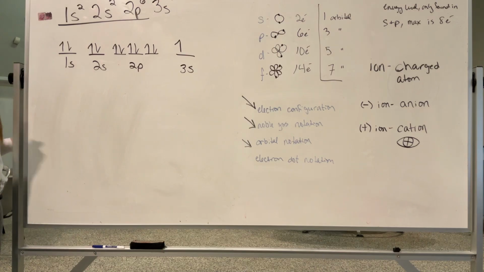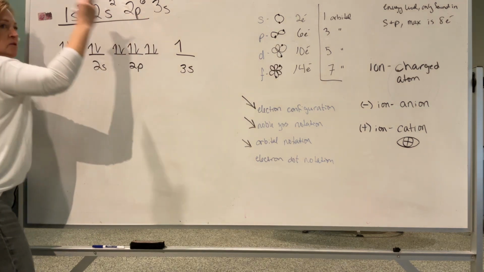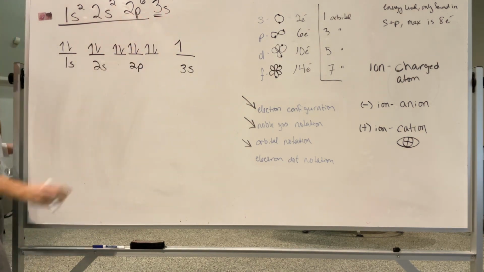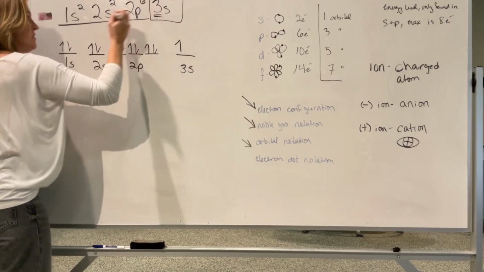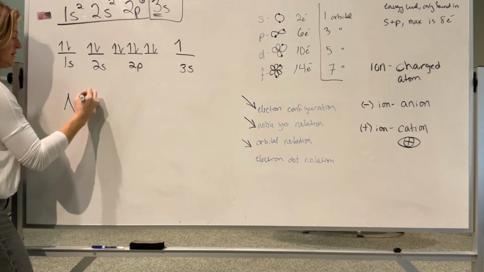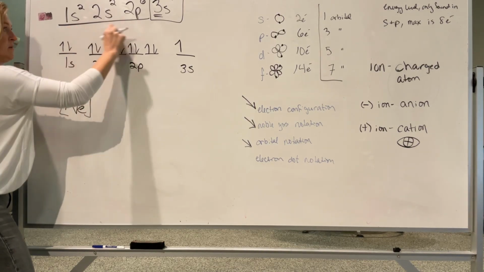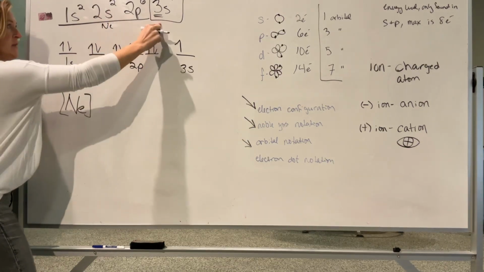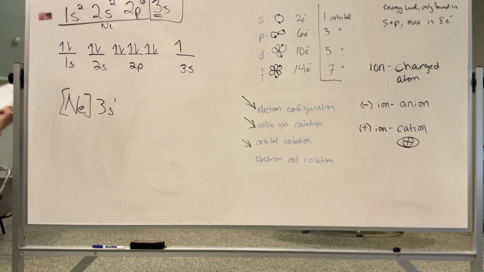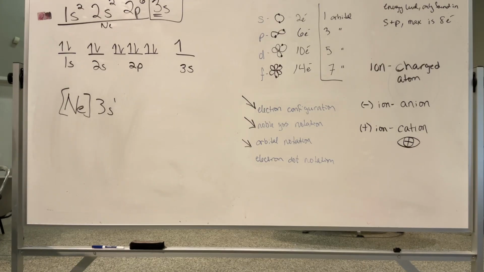And I know because sodium starts on energy level 3, right? Hydrogen, lithium, sodium. So it starts on 3. So this right here is going to be my sodium. This right here is going to be neon, which is represented by all of this. And then I'm just going to bring this down. 3s1. Oh, it's so nice looking.